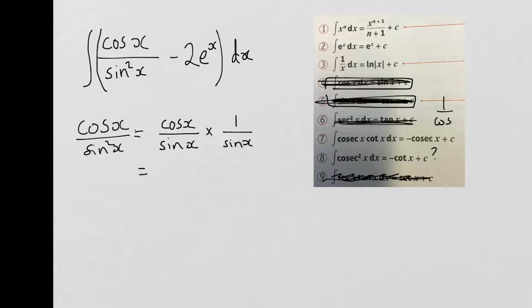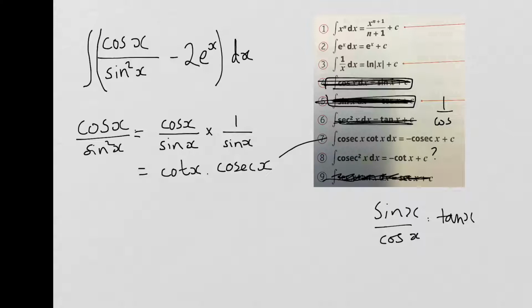I know that cosine x over sine x is cot x, the reciprocal of tan x. And then 1 over sine x can be written as cosec x. Does that match up to something I have? Yes, it does. So I'm going to replace that in my original integral and have it as part of one of these standard results, specifically this one.